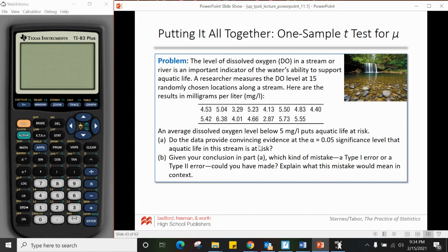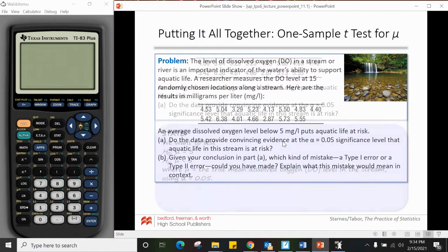Do the data provide convincing evidence at the alpha 0.05 significance level that the aquatic life in the stream is at risk? So really, our H naught is that mu is equal to 5. Our alternative is mu is less than 5. We're trying to see if it actually puts the aquatic life at risk, and that is when it is below 5. And then we're going to give a potential type 1 or type 2 error depending on our solution.